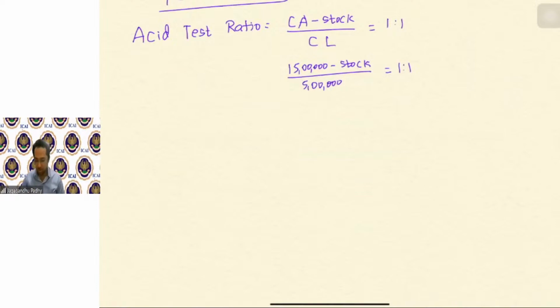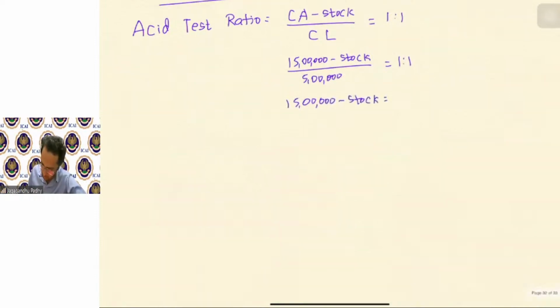So 15 lakh minus stock upon 5 lakh is 1:1.